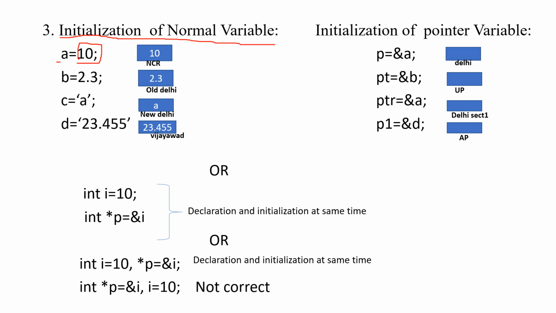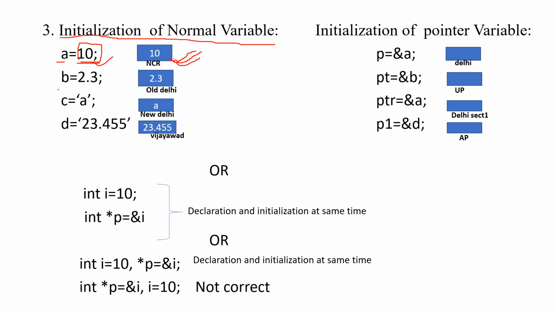So I have purchased the land, so we know the address of my land, right? Previously I just declared, but now I'm going to also create the building. So I'm giving the value: a equal to 10. While declaring, that space is already allocated. Now whatever value you assign, that value is going to be stored at that place, right?